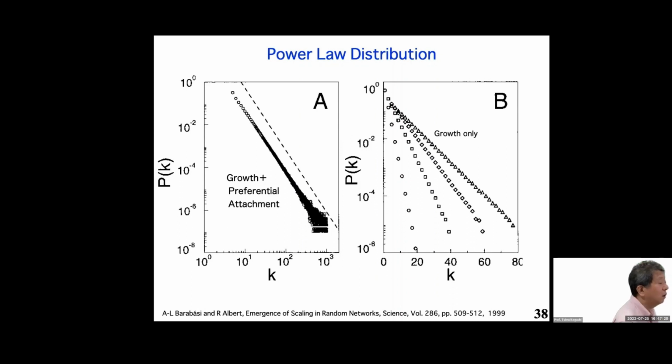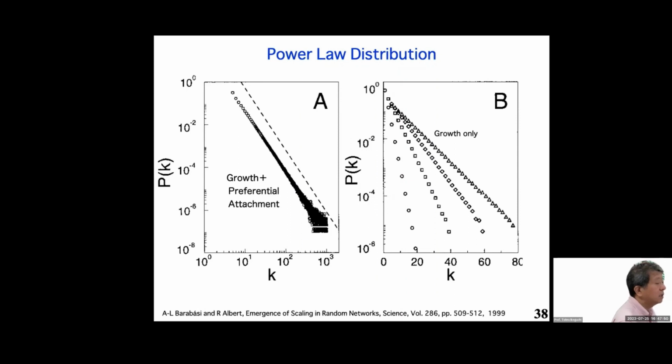On the right, only the vertical axis is logarithmic. The left figure shows the case where growth and preferential attachment are introduced, and the right figure shows the case where only growth is introduced.